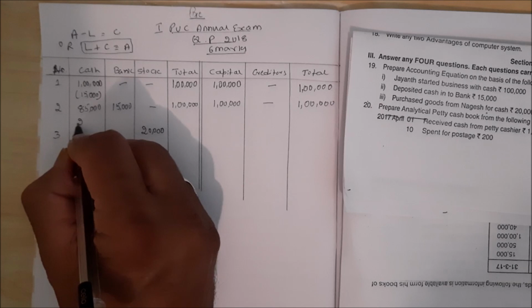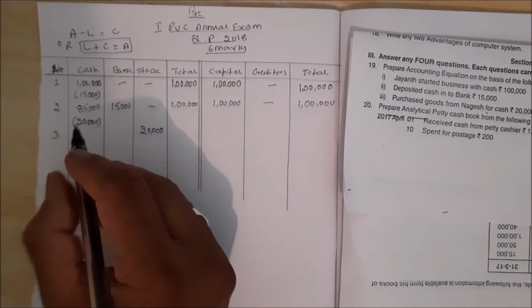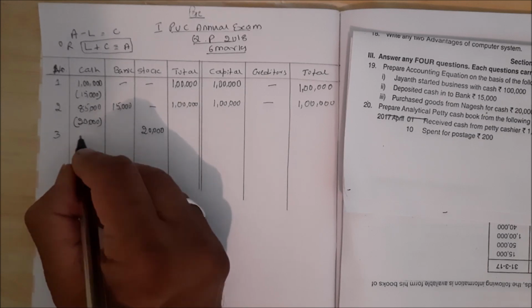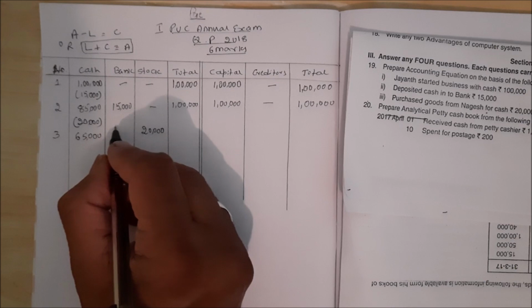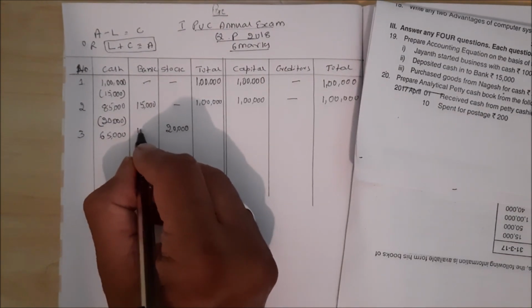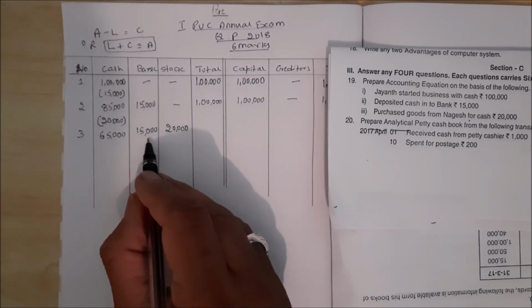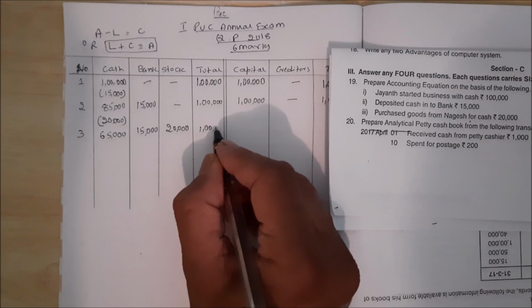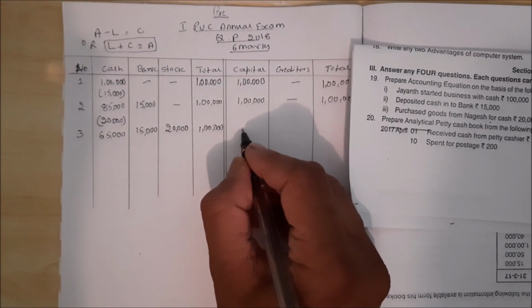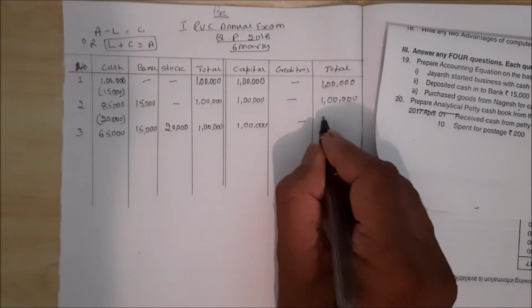You are paying cash. To deduct cash, once again write within bracket as cash outflow, 85,000 minus 20,000 is 65,000. So the bank 15,000 is as it is there. So 65,000, 15,000, 20,000, once again it becomes 1 lakh. Then capital is 1 lakh, then total is also 1 lakh.